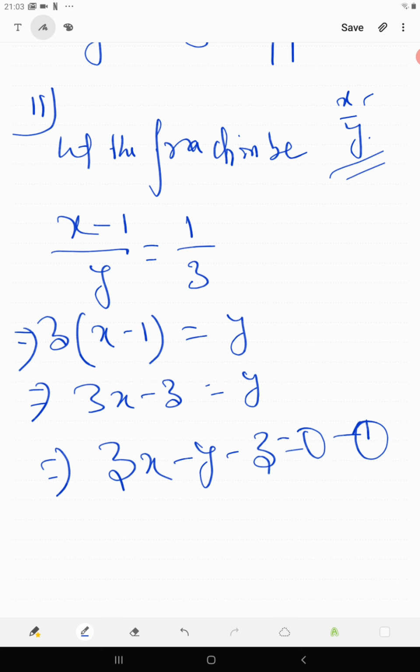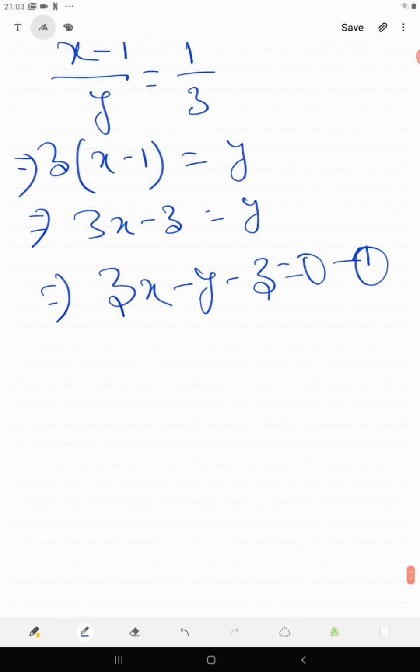Now let's see the second part. It becomes 1 by 4 when 8 is added to the denominator. When 8 is added to the denominator, it is x by (y plus 8). The numerator is not changing. So x by (y plus 8) is giving you a fraction of 1 by 4.